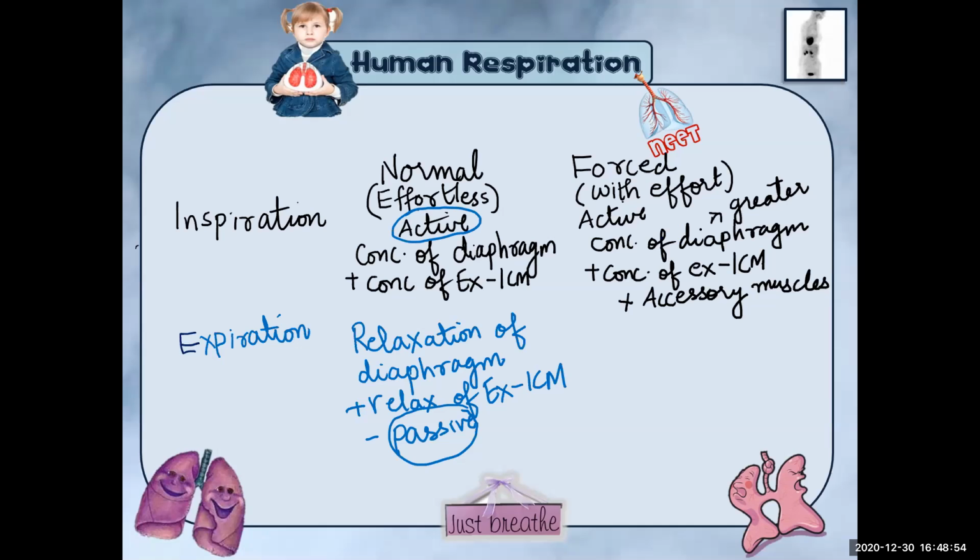Yes, but forced, जिधर भी word forced आ गया वो तो हमेशा active ही रहेगा, right? So forced expiration is an active process, and this is the only place where internal intercostal muscles are required. So forced expiration involves contraction of internal intercostal muscles and it will need abdominal muscles.